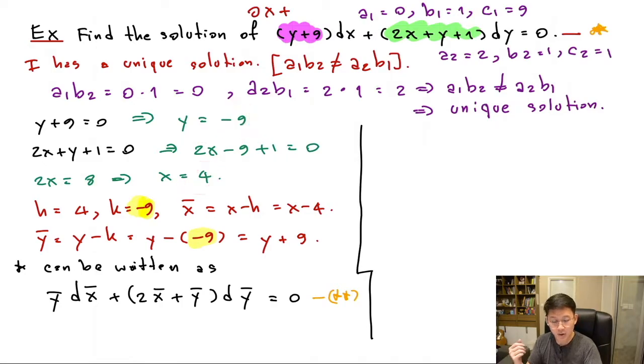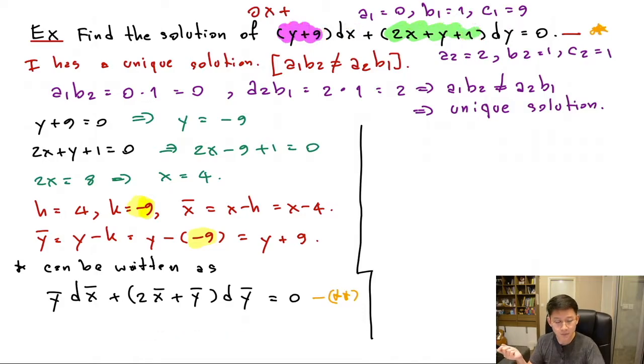So I let h be 4 and k be minus 9, and I let x bar be x minus h, which is x minus 4, and y bar be y minus k, which is y minus 9, which is y plus 9. And this equation can be written as this, right? It's basically substitute y by y bar, x by x bar, and we have no constant term anymore, right? So this is what we have here.